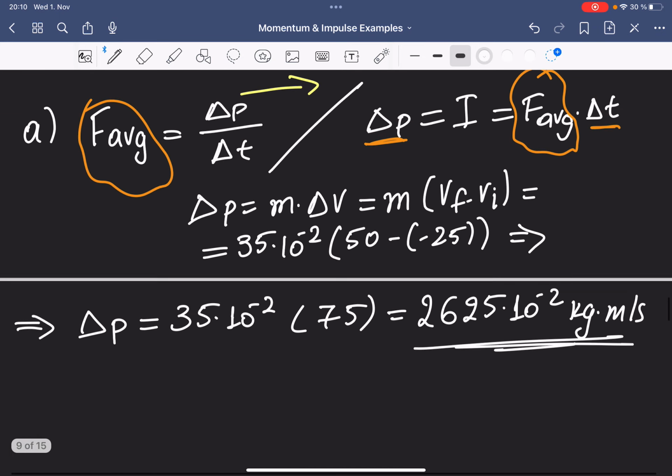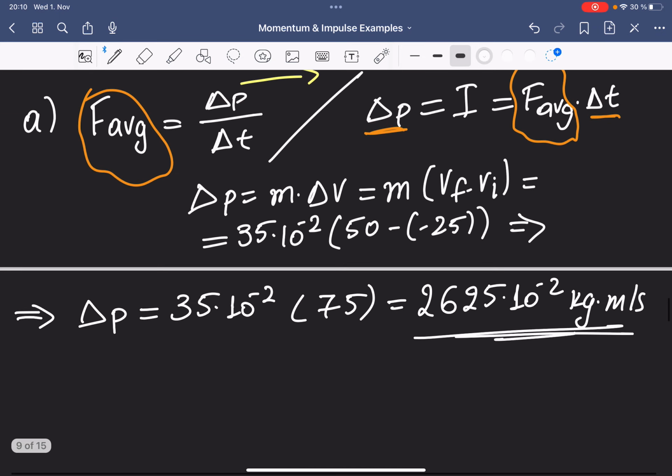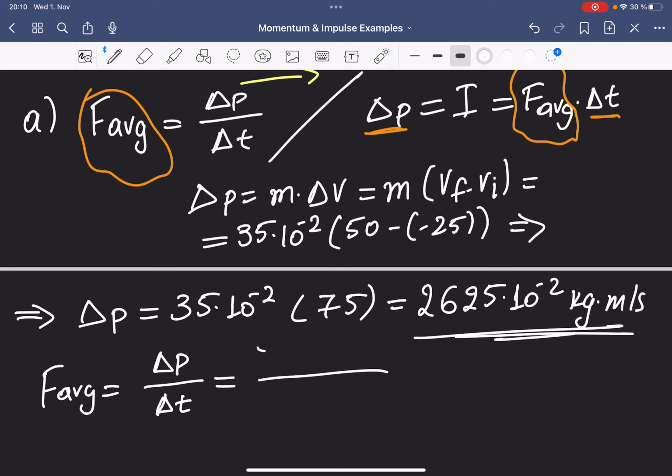Now we can divide this one. So the average force is going to be the change in momentum over change in time, and that is 2,625 times 10 to the minus 2.